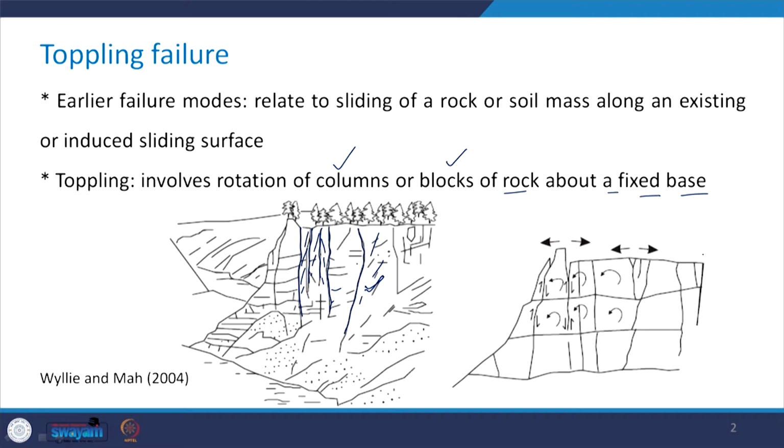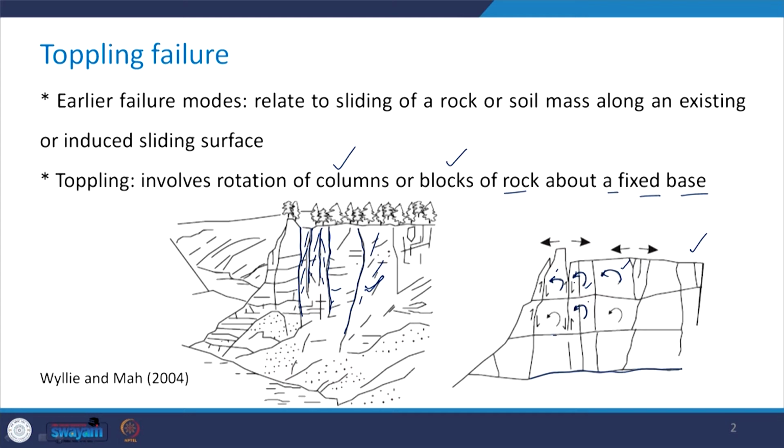And see here, there is going to be a rotation, as shown by these curved arrows, of these rock blocks about a fixed base. So, you see that this is what is fixed and the rotation is taking place.